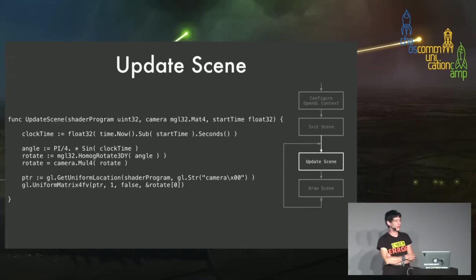And then we tell GL to use the index of the first element of that rotation matrix as a pointer for that uniform that we defined in our vertex shader. So after this update step, the uniform variable in the vertex shader will have the value that is now computed of that rotation dynamically from the elapsed time, as well as the projection and view matrix that we had set up before.